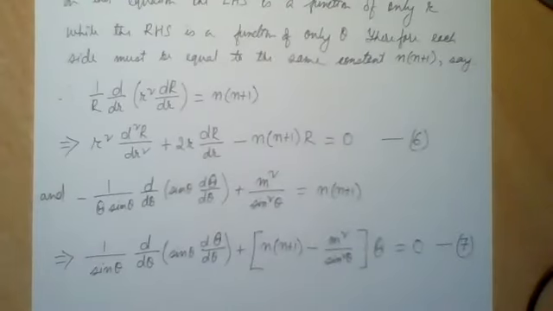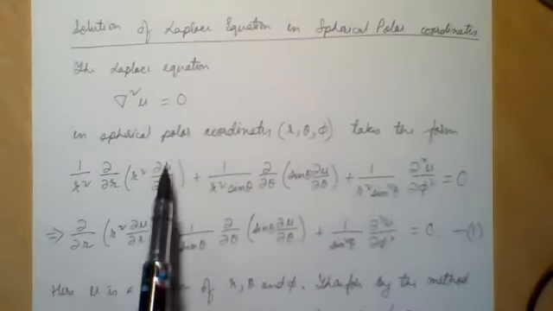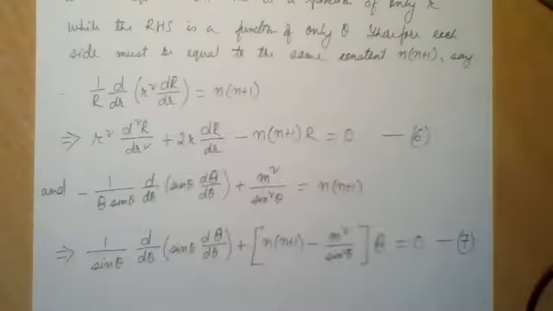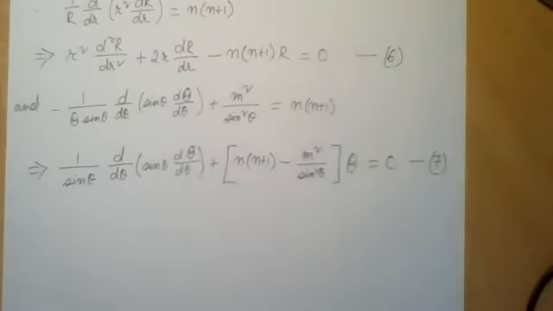Okay, this is fine. So what have we done so far? We started with the Laplace equation in spherical polar coordinates. Then using the method of separation of variables, we have converted the partial differential equation into 3 ordinary differential equations. And what are the 3 ordinary differential equations?